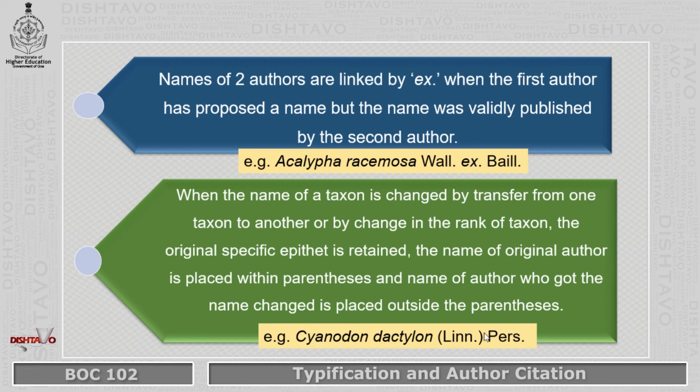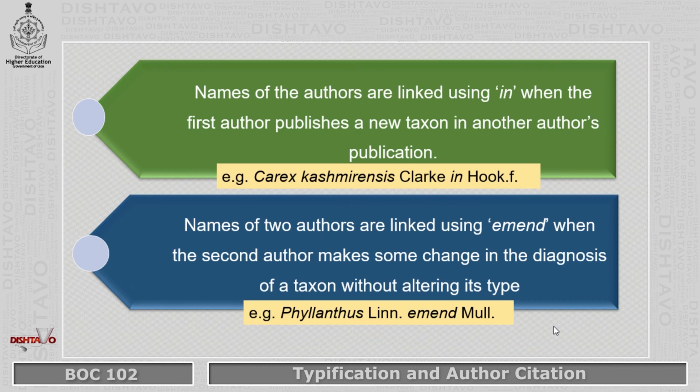Linn. is written in brackets and Pers. is written outside the brackets because it was Linnaeus who first described the species as Panicum dactylon, but later on Persoon transferred it to Cynodon. So for Cynodon dactylon, Linnaeus is put in brackets and Persoon is written outside.